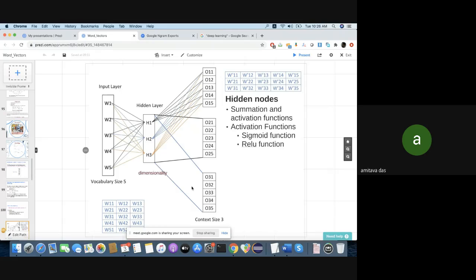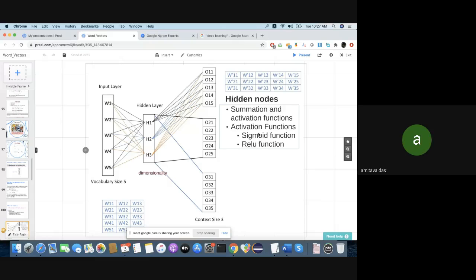So this is our setup. Now remember, in a normal neural network, we typically have a summation and an activation function here. Summation clubs up all the incoming weights and then uses some kind of non-linear function, typically a very simple function. But if you look at modern deep learning, people are using a lot more complex functions, even support vector machines as activation functions nowadays, but that's a different story.